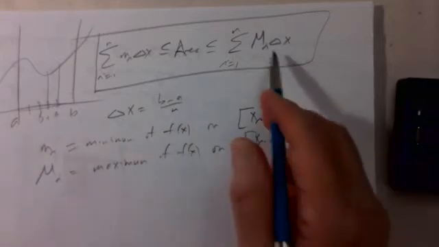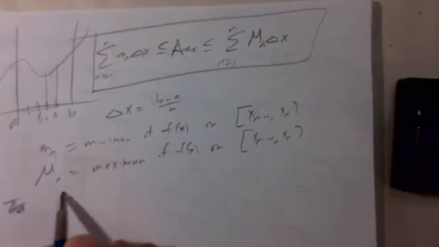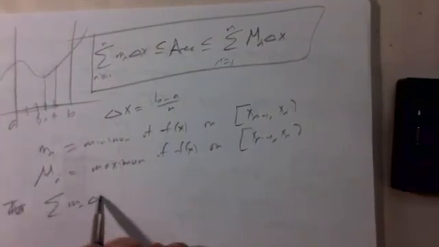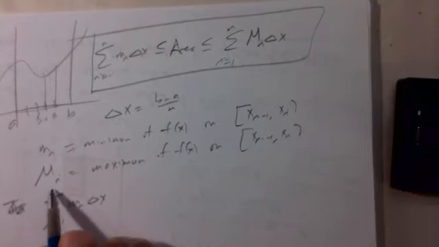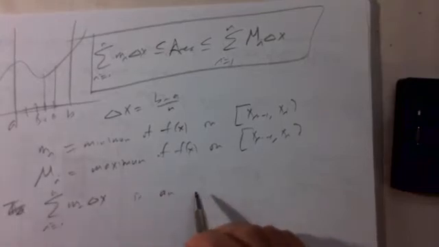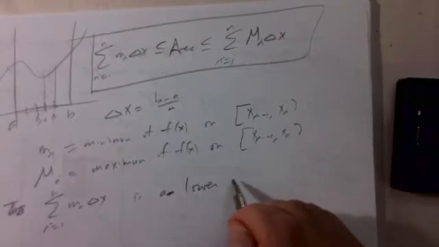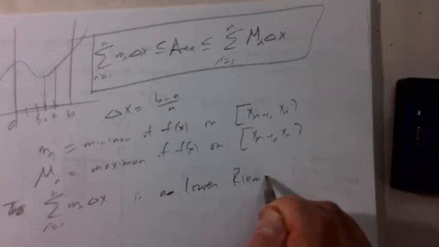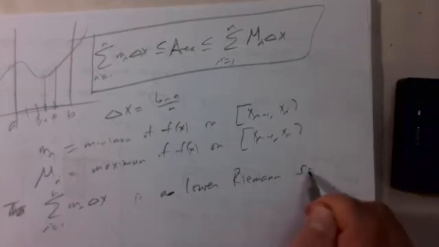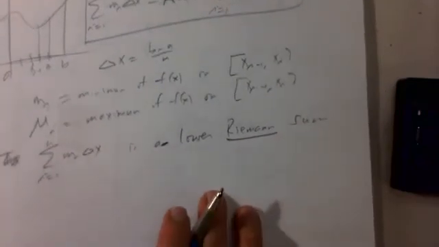And these sums, summation m_i delta x, i goes from 1 to n, is called a lower sum, or it's actually a Riemann sum, after a mathematician named Riemann who developed a lot of this theory.